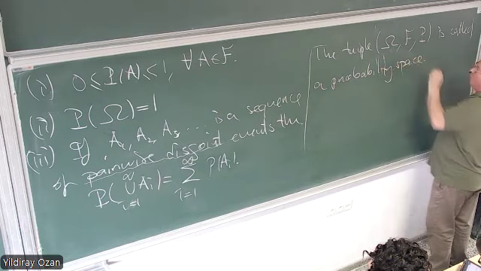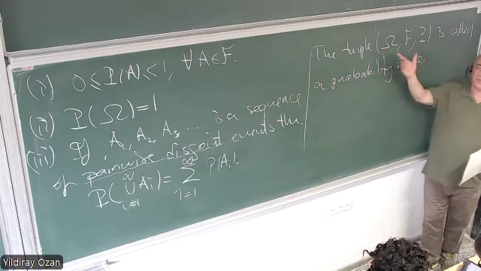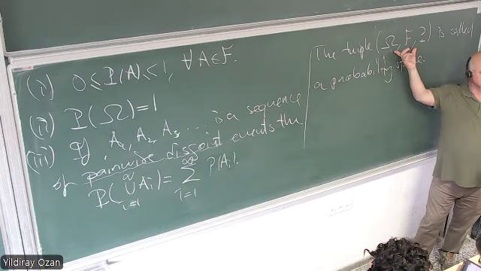Okay, so when we say a probability space, we will mean such a triple.